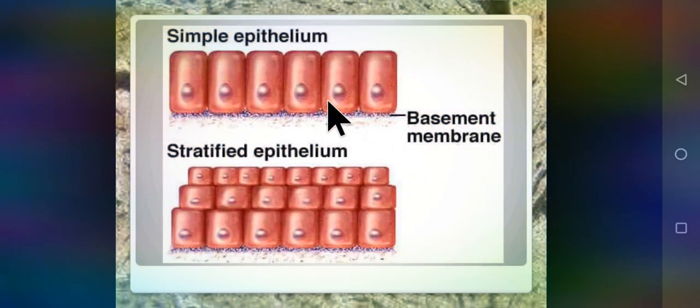So here is the diagram showing simple epithelium and stratified epithelium. In simple epithelium you can see it is of a single layer or one layer, and in stratified you can see it is more than two layers.